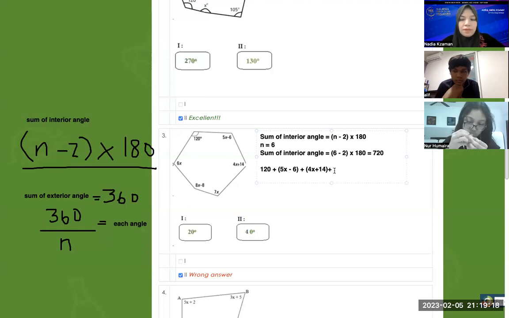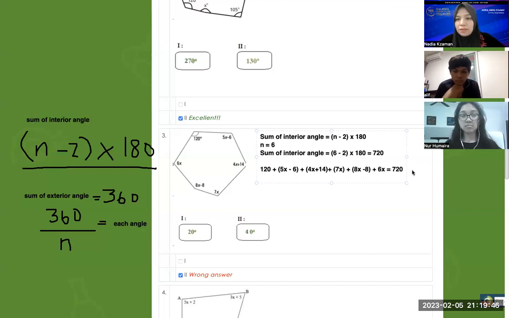And then we have 7x, and then you have 8x minus 8. And then you have 6x. So this is equal to 720. So the value for angle, you only have 120 and 720. So you bring 120 to the other side.